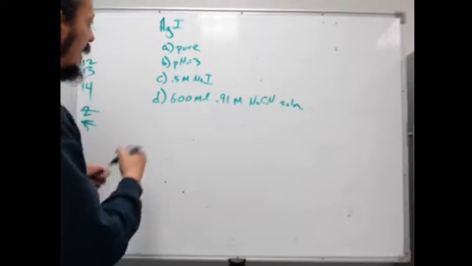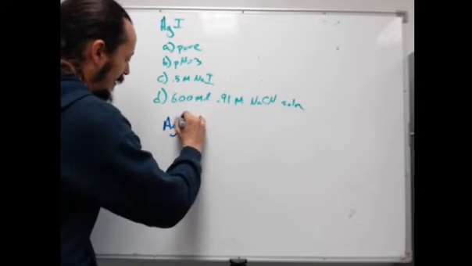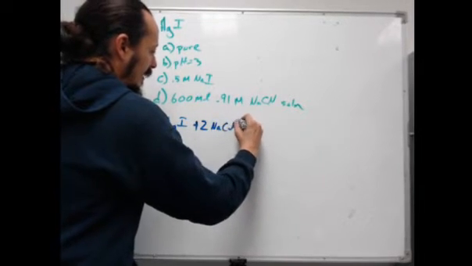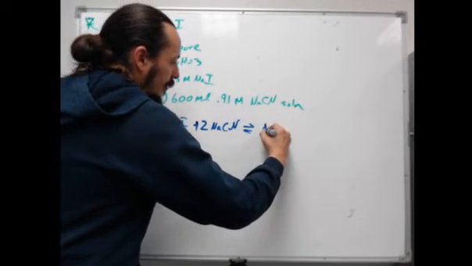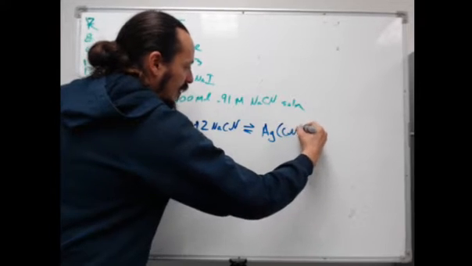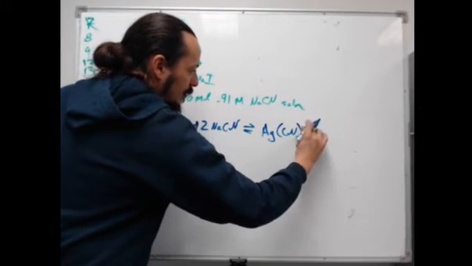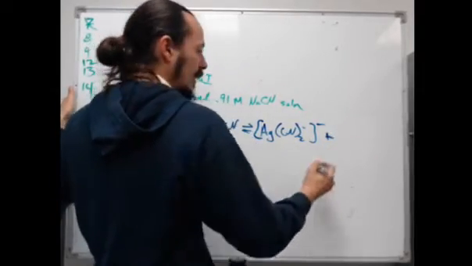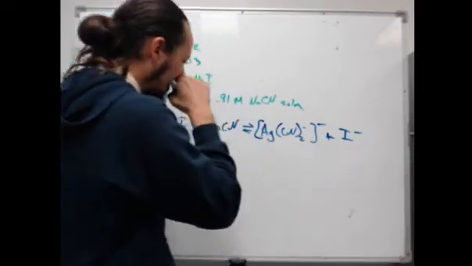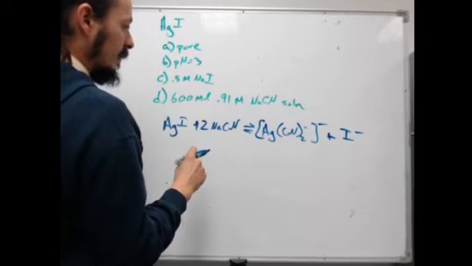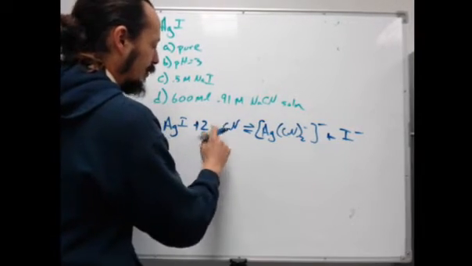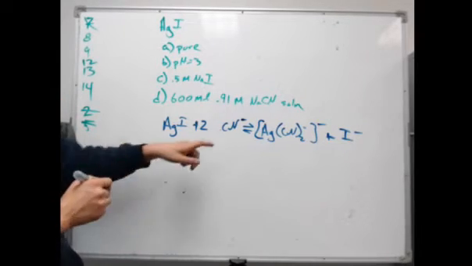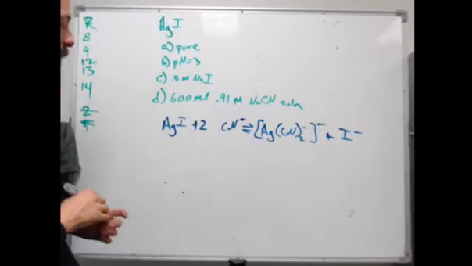This is going to be AgI plus 2 NaCN goes to Ag(CN)2 minus plus I minus. We can get rid of the sodium there so our charges match up better, right? Sodium is a spectator ion, it doesn't matter. Now I've got 2 negatives, that makes me much happier.